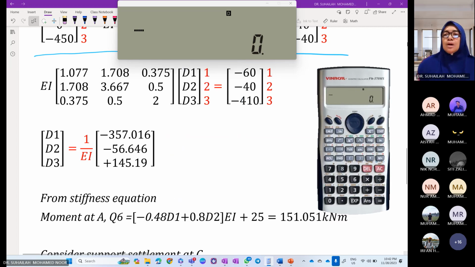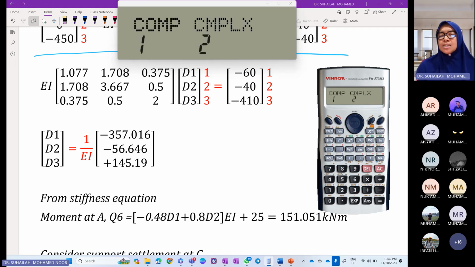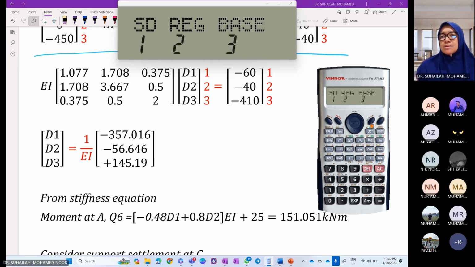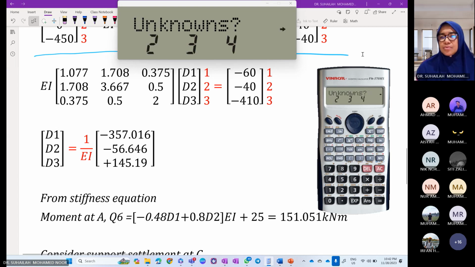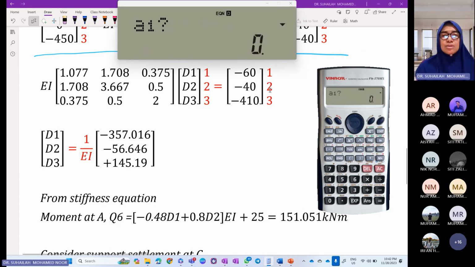Okay, so key in directly into your calculator. Three unknown. It is three unknown. D1, D2, D3 is X, Y, and Z. A1 is what? 1.077.